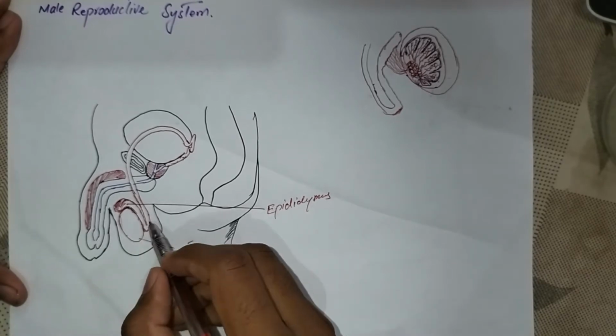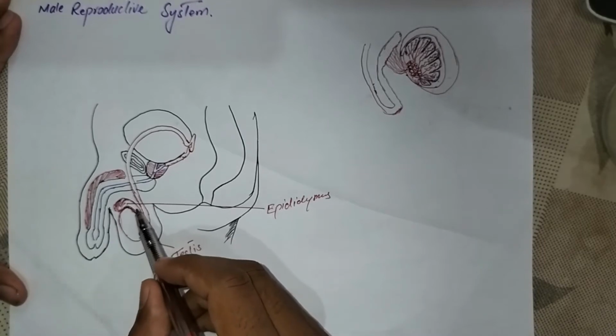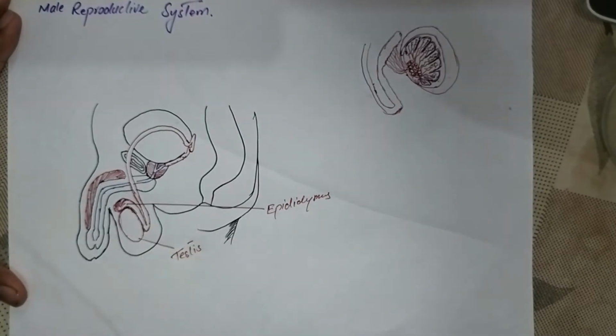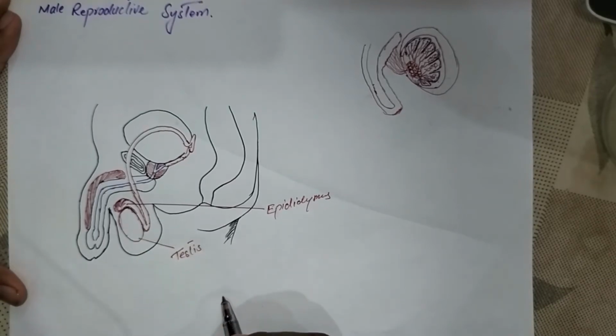This is the head of the epididymis, this is the body of the epididymis, and this is the tail of the epididymis. If we zoom in, it looks like this.